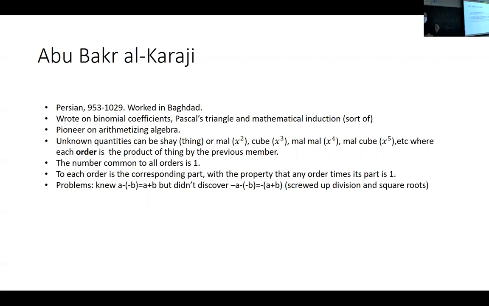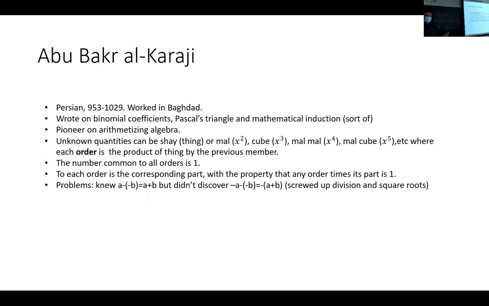Because now the algorithms that you used for arithmetic transfer over to arithmetic on polynomials, right? So we can add polynomials, because all we have to do is add the coefficients of the corresponding order.